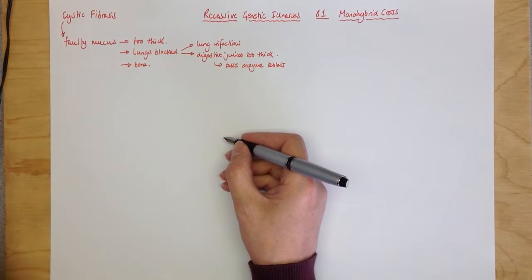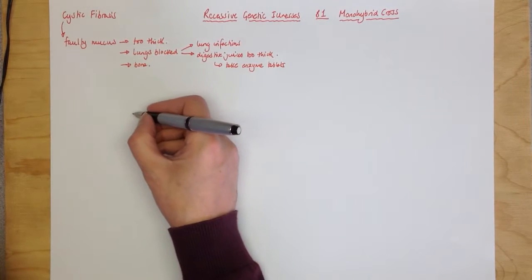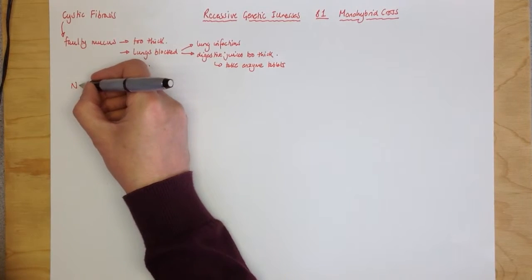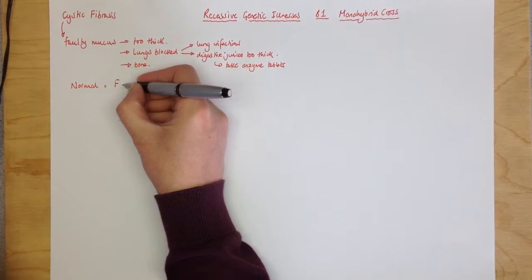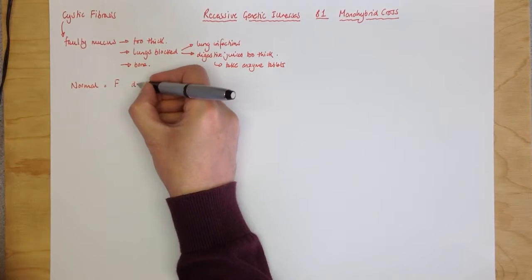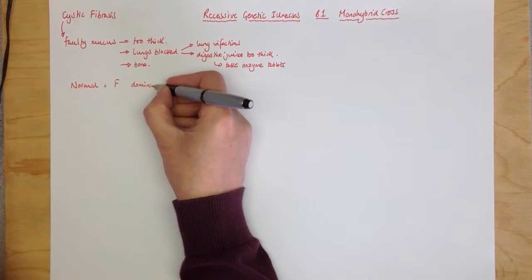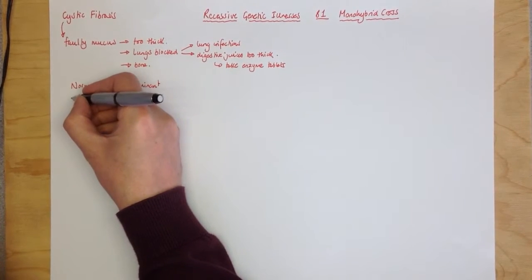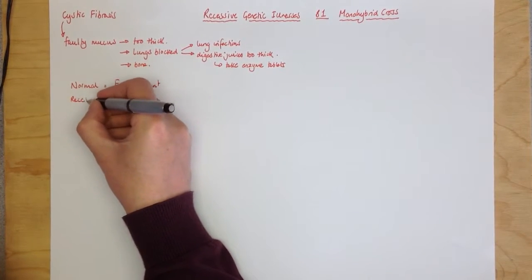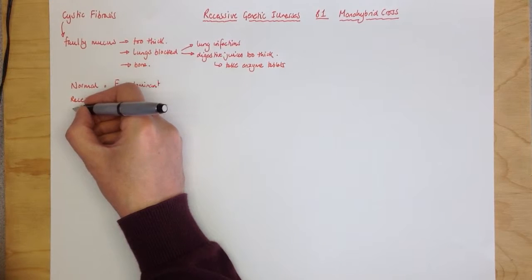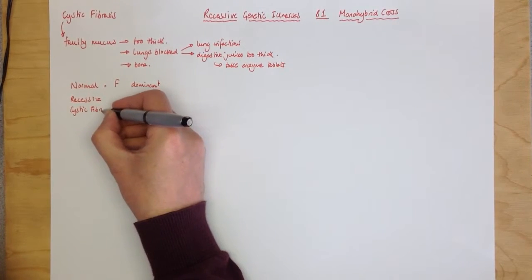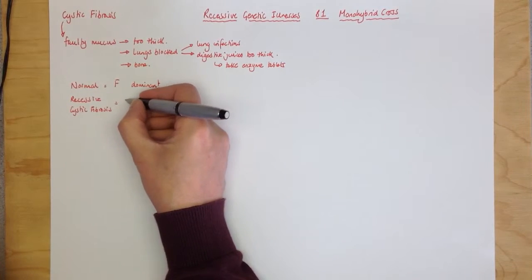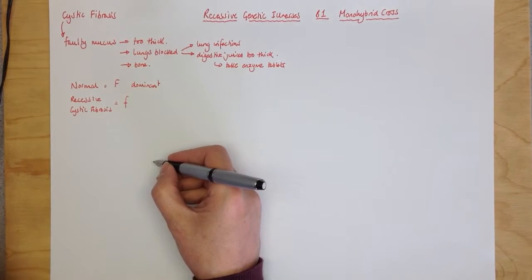Now, because the normal gene is dominant, we'll give it the capital letter F. The recessive gene will give the letter small f.